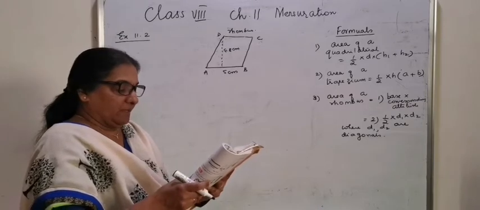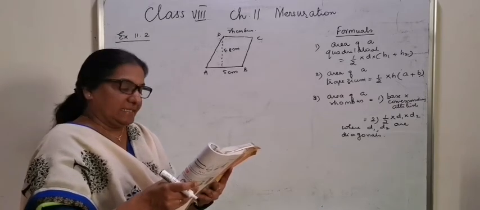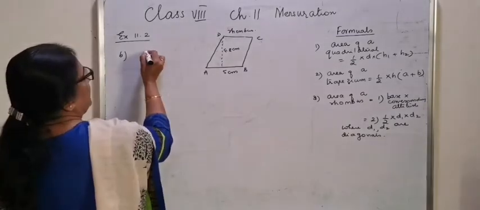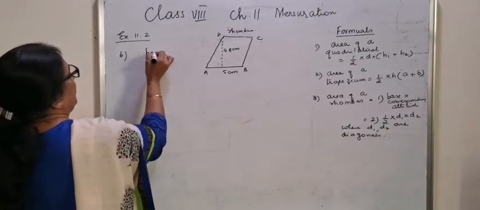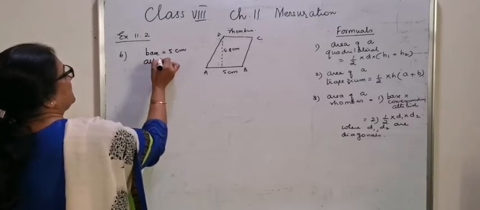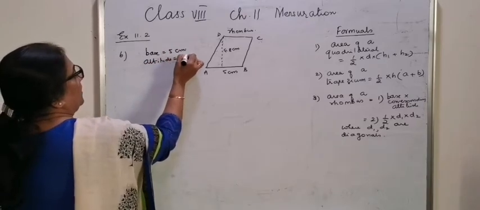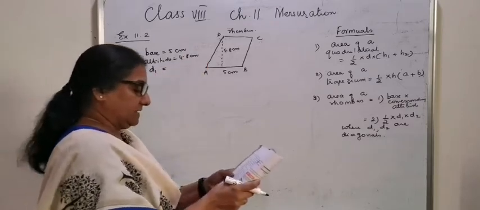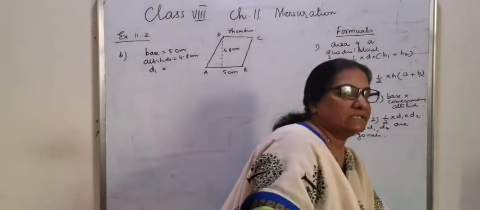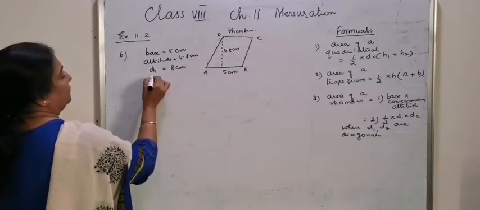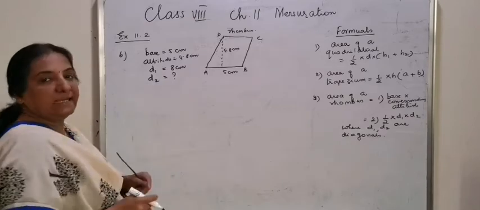And now, if one of the diagonals is 8 centimeter long, find the length of the other diagonal. So the base is 5 centimeter, the altitude is 4.8 centimeter, and one diagonal length is 8 centimeter. You need to find the second diagonal.